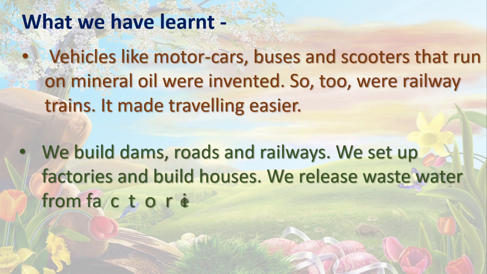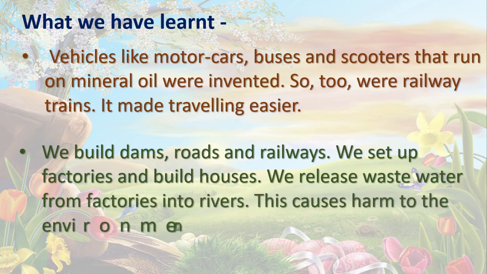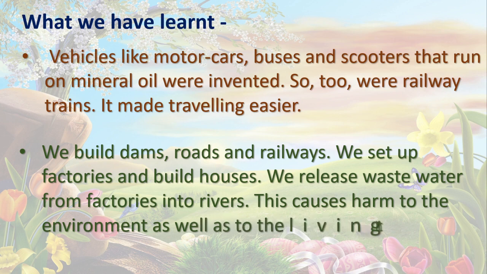We set up factories and build houses. We release wastewater from factories into rivers. This causes harm to the environment as well as to the living things in it. Right?